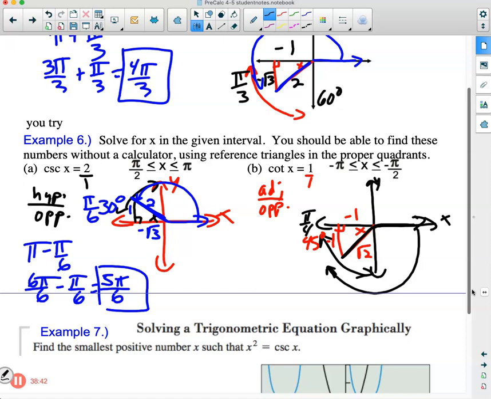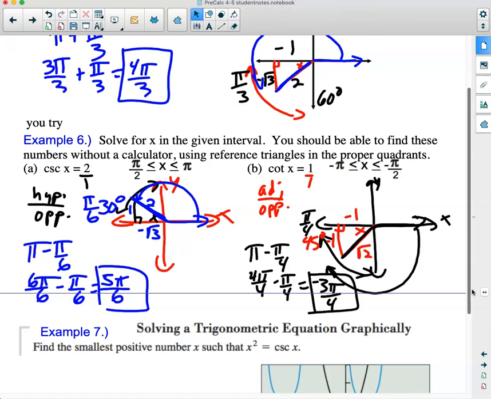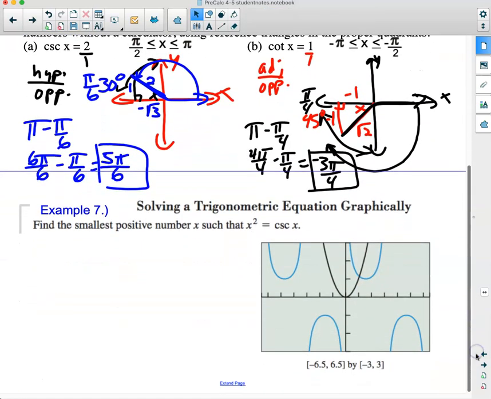So 1 pi minus pi over 4. Again, you probably already did this one in your head. 4 pi over 4 minus 1 pi over 4 is 3 pi over 4, and we have to slap a negative in front of that because they were very specific about how we had to name that. And we have it.